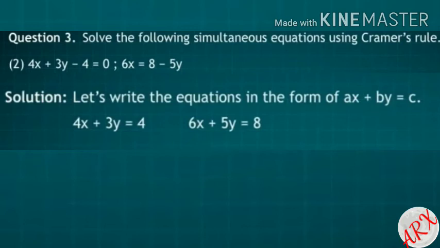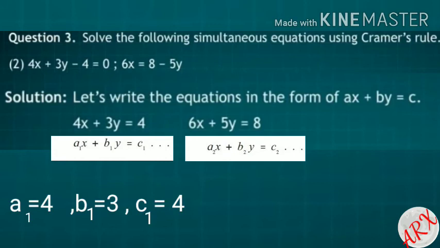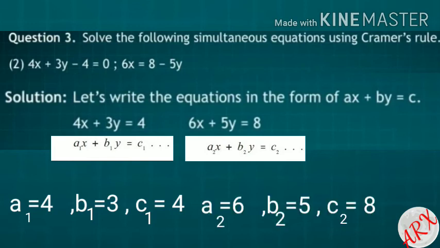Now we will compare both these equations with the general form, a1x plus b1y equal to c1 and a2x plus b2y equal to c2. So we get a1 equal to 4, b1 equal to 3, c1 equal to 4, a2 equal to 6, b2 equal to 5 and c2 equal to 8.